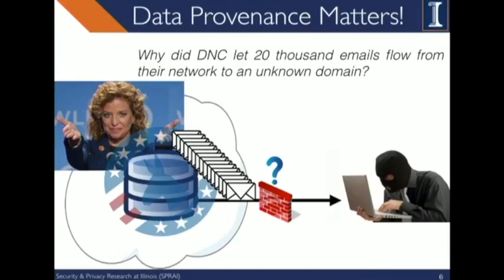Slightly more recent motivating example. Why on earth did the DNC allow 20,000 of their sensitive emails to leave their corporate network and fly out into the ether to some unknown domain in a foreign country, right?